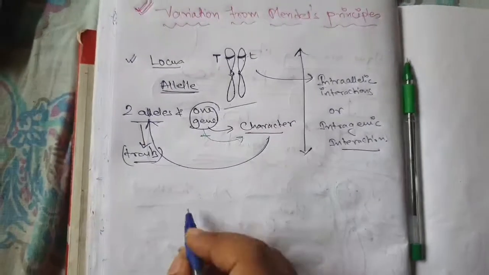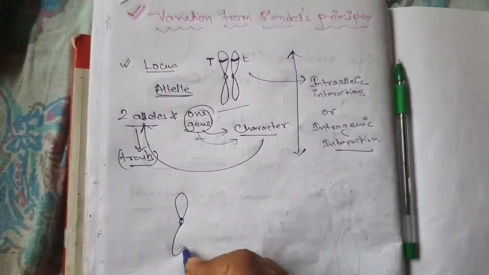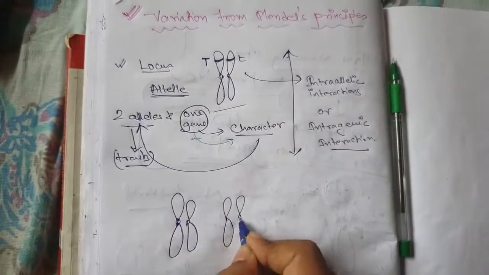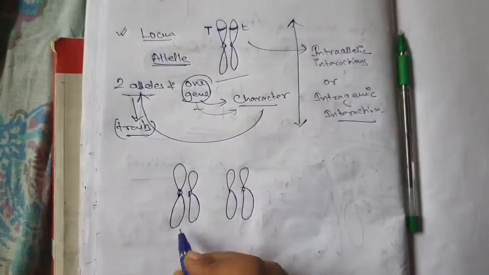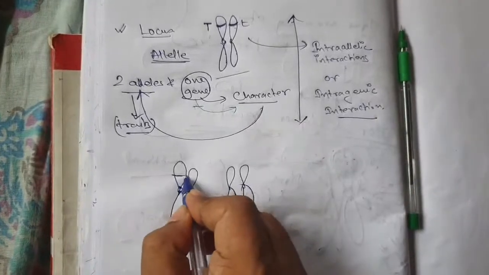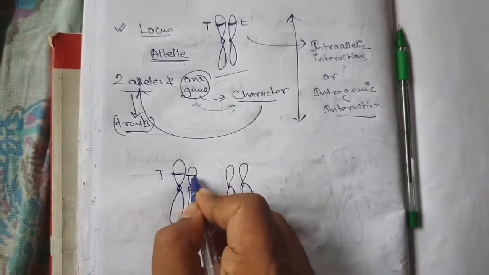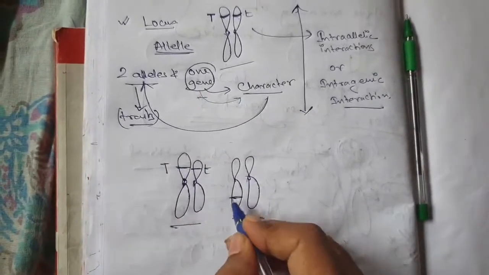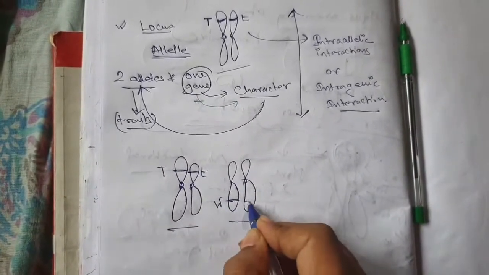And there is another thing that you should understand. Suppose, let us take the example of two homologous chromosomes, and suppose here the allele of a particular character is there, and here the allele of another character is there.